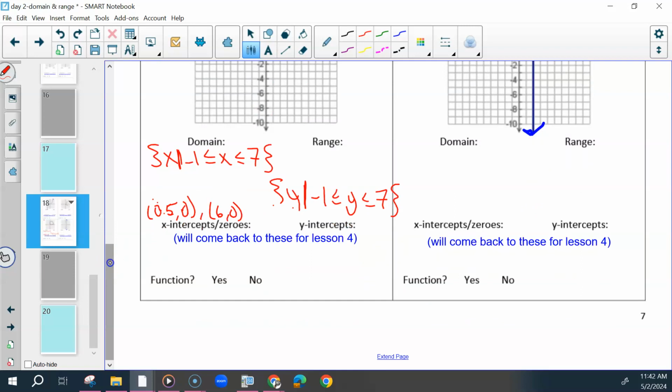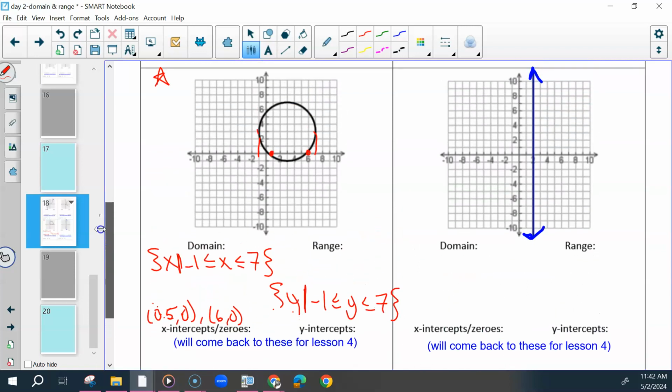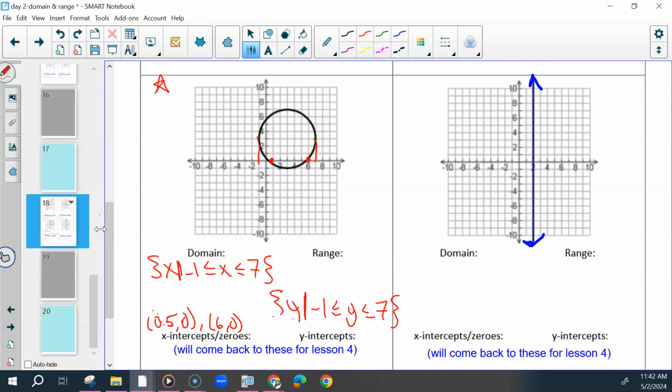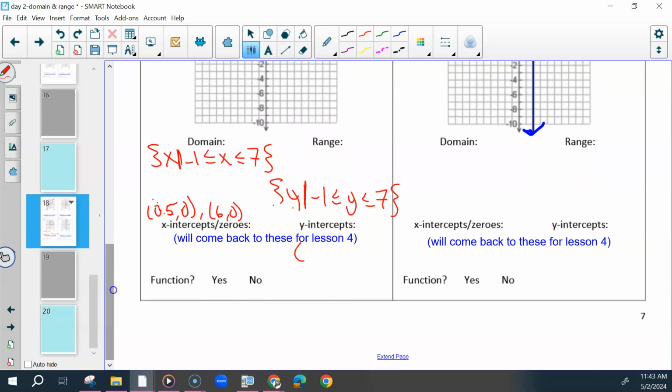Y-intercepts. Mine's not 5. Mine's in between, but if yours falls on it, that's great. Wherever it falls.